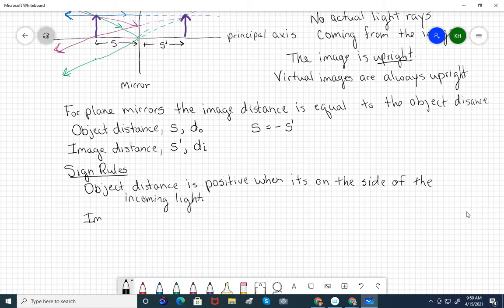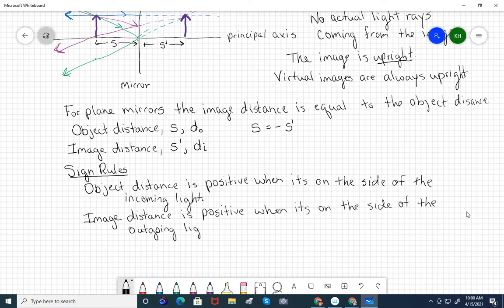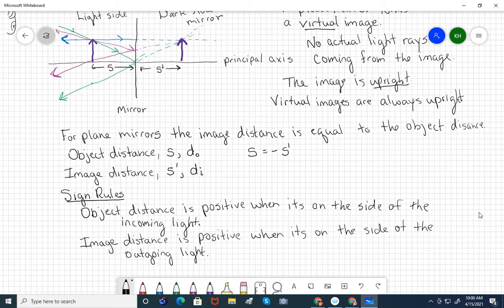Image distance is positive when it's on the side of the outgoing light. For this particular situation, that is still on the left side of the mirror.